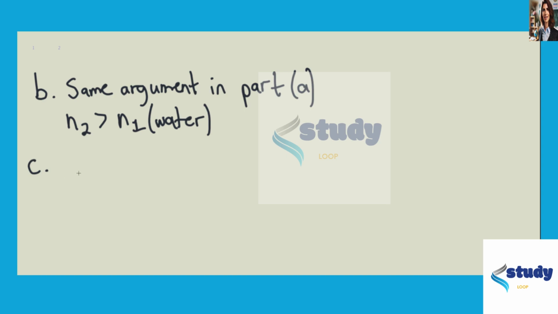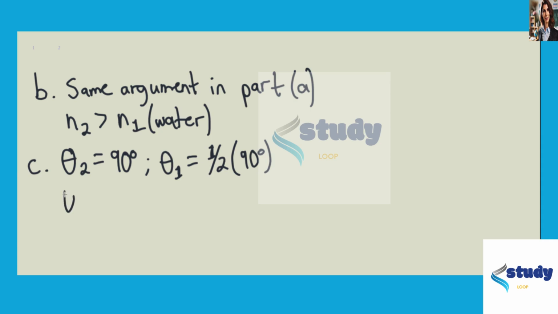And then for part C, we know that we're going to examine the topmost point of the curve because it's simply easy to do so. So theta sub 2 equals 90 degrees, and then theta sub 1 would simply be equal to 1/2 of 90 degrees.